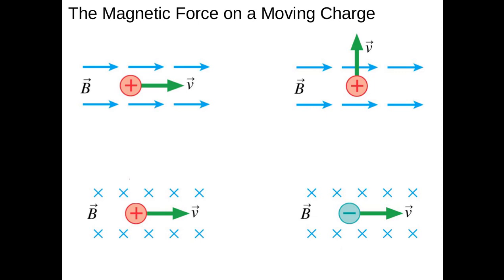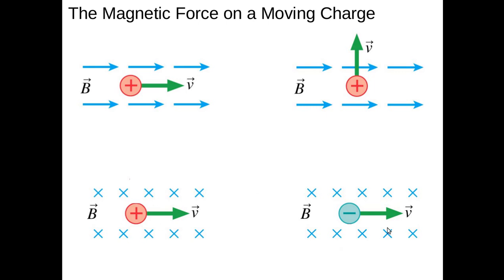So I can curl my fingers into the computer screen. What direction is my thumb pointing in? It's pointing in the positive y direction, up right now. So the force on this particle is in the positive y direction.